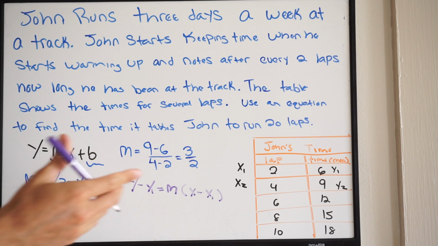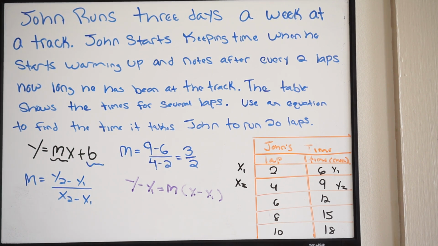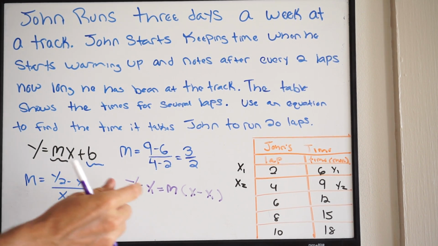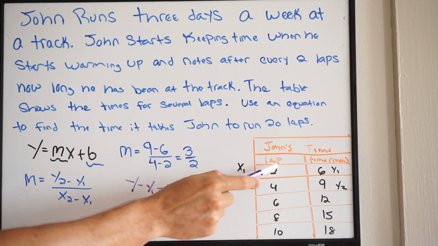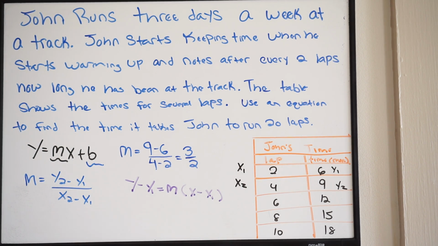Using this point-slope formula, we're going to put in an x1 and a y1 value, and we're just simply going to solve for y, and then we'll have our equation in slope-intercept form. So let's go ahead and do that.